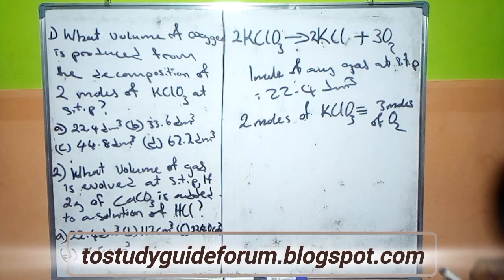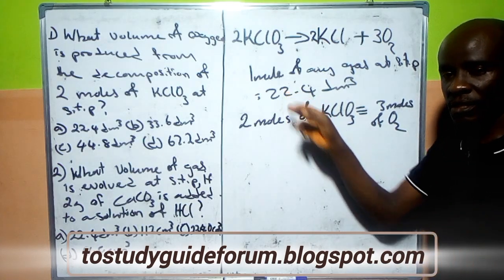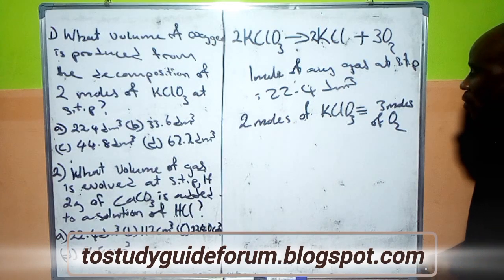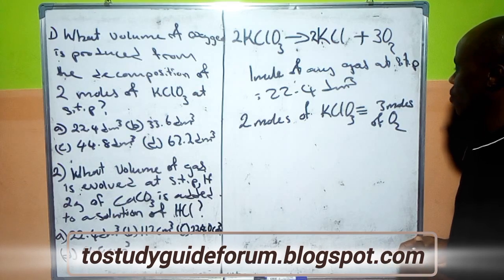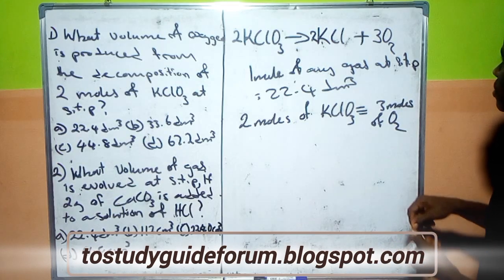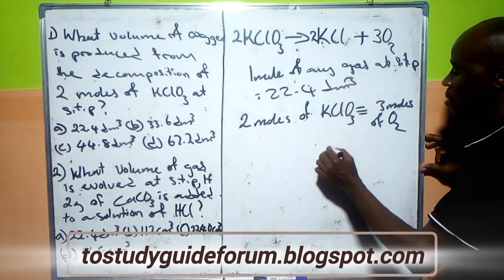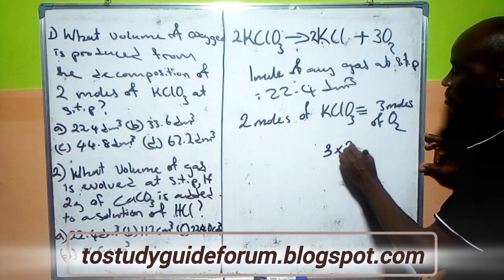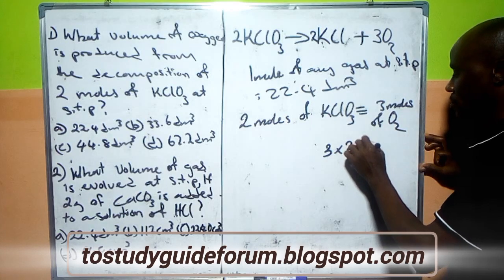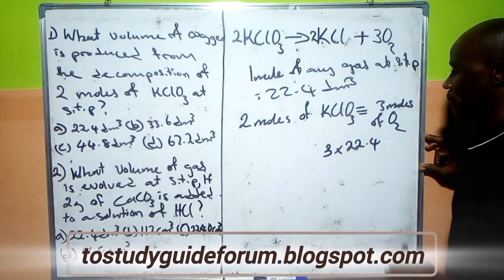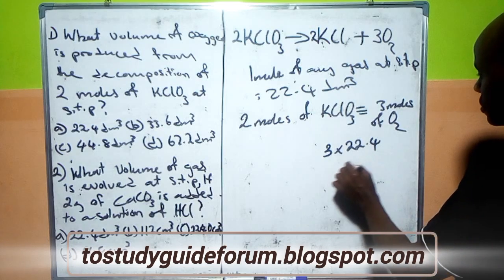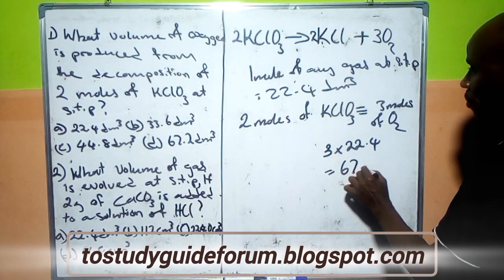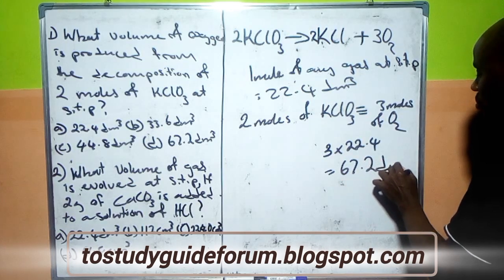Since the molar volume is 22.4 dm³, the volume involved here will then be what? 3 times 22.4. That will give us 67.2 dm³.